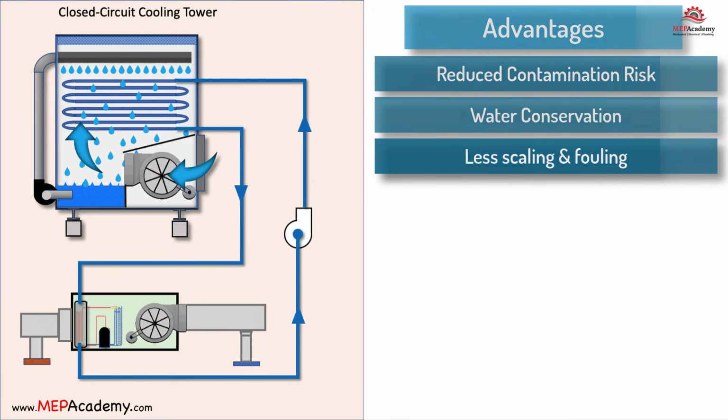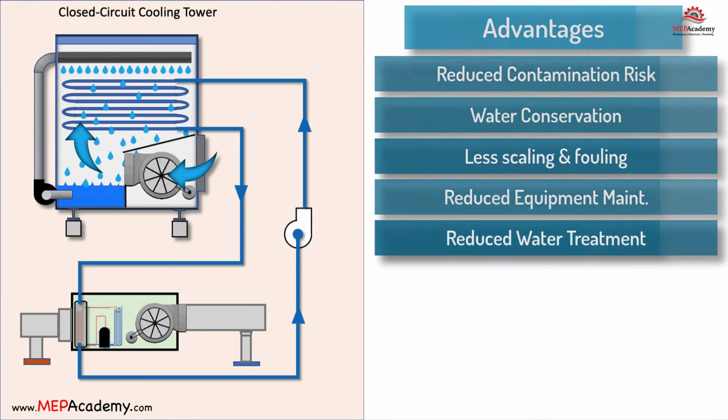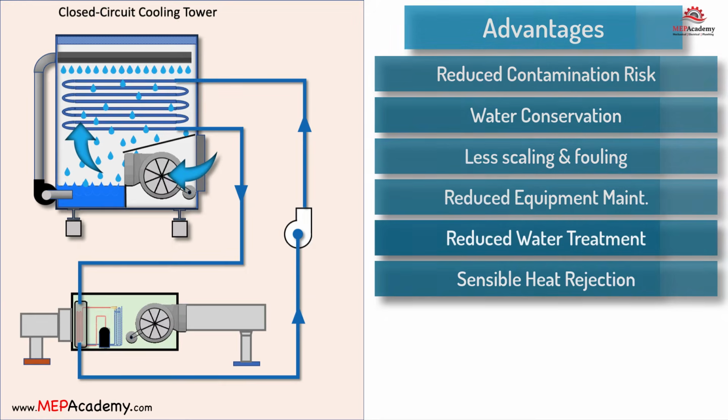Number four, reduced equipment maintenance. Number five, reduced water treatment costs due to lower volume of water circulated from the basin. Number six, sensible heat rejection with pumps off, saving additional energy when conditions are right.